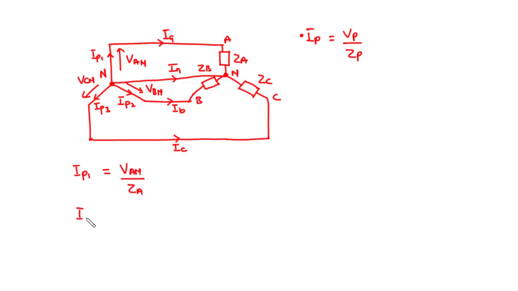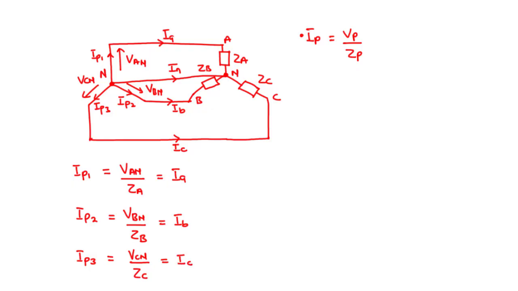For the second phase, we have Ip2 equals Vbn divided by Zb, and then for the third phase Ip3 equals Vcn divided by Zc. So these are the phase currents for the respective phases, and incidentally these phase currents are equal to the line currents Ia, Ib, and then Ic.